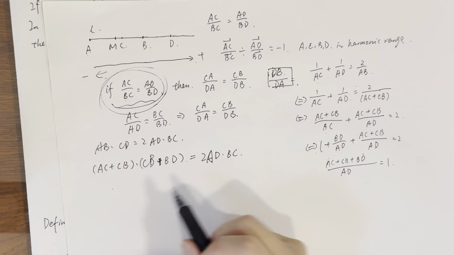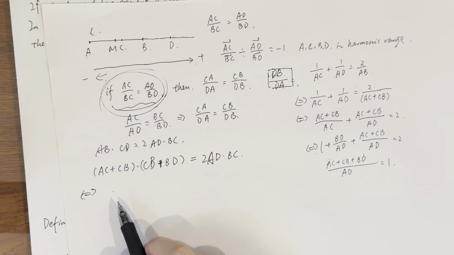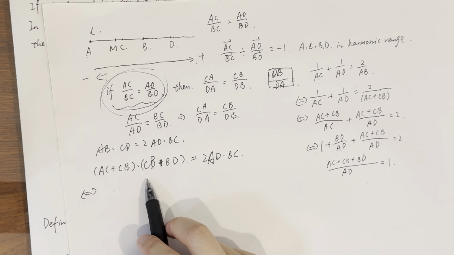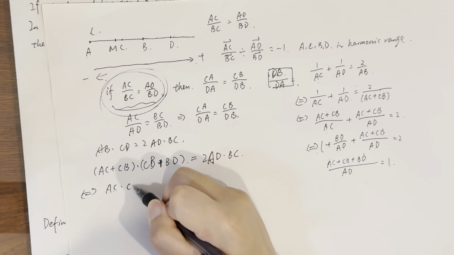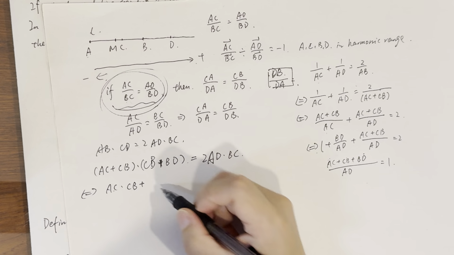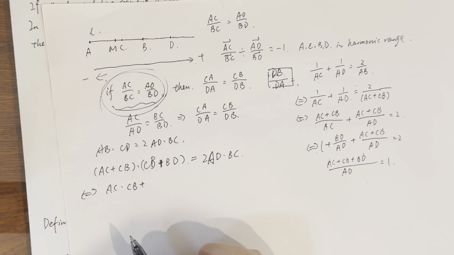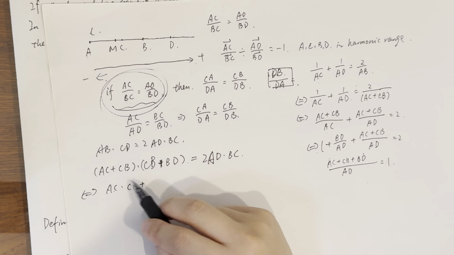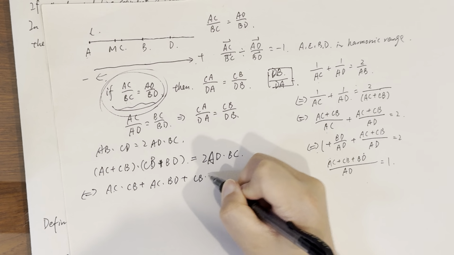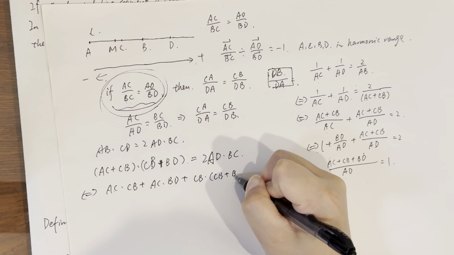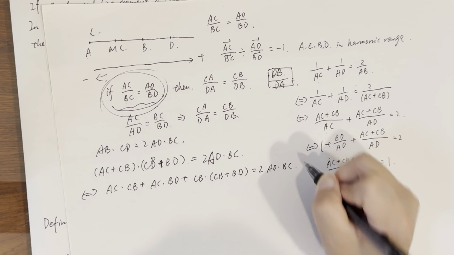Right, we want to prove this, which is equivalent to AC times CB plus AC times BD plus CB times (CB plus BD) equals twice AD times BC.